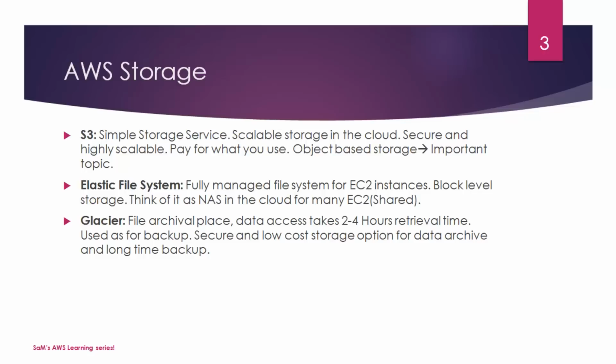So there is a delay, but it's extremely low cost compared to S3 or Elastic File System. It is extremely cheap, and this is used for backup, as I said. This is a secure and low cost storage option available for data archival. And if you are planning to take a long time backup, this is the best option for you guys.